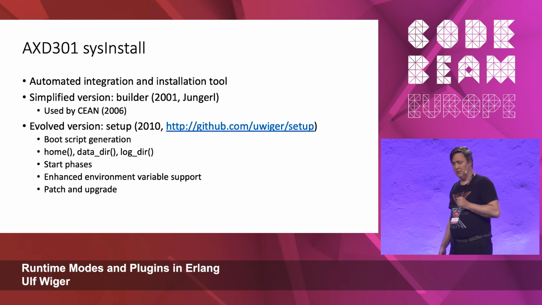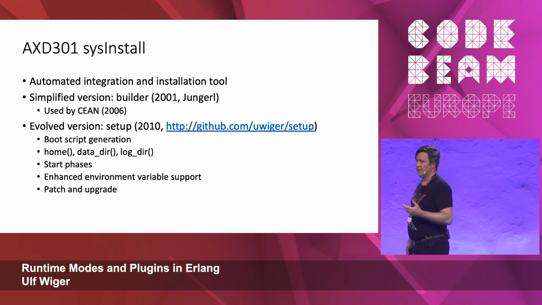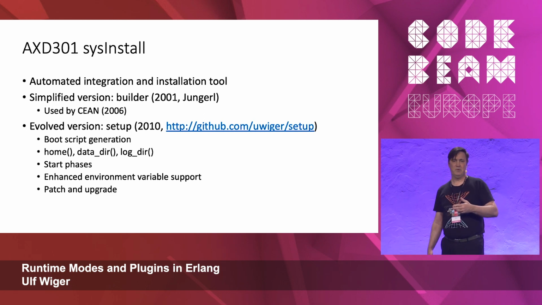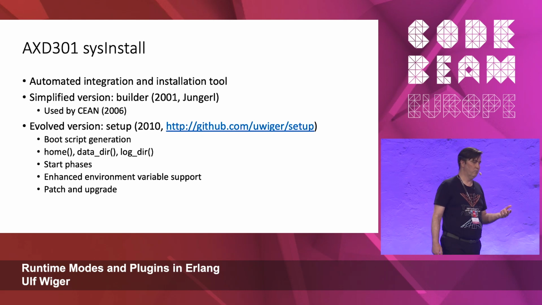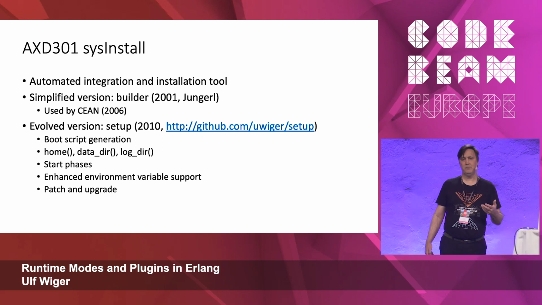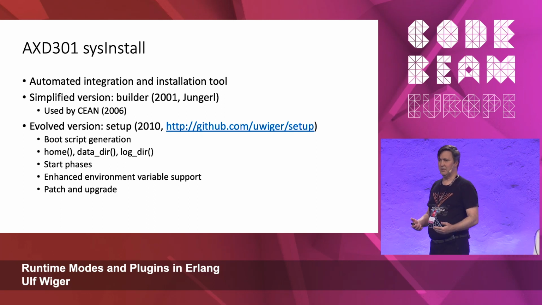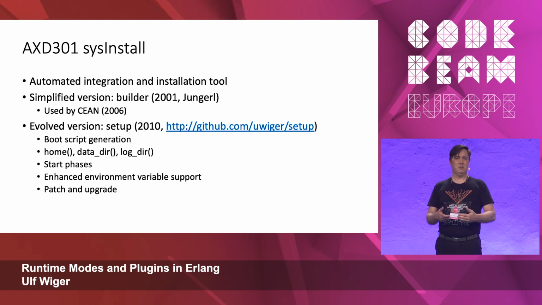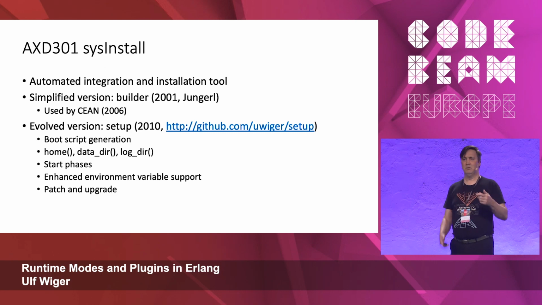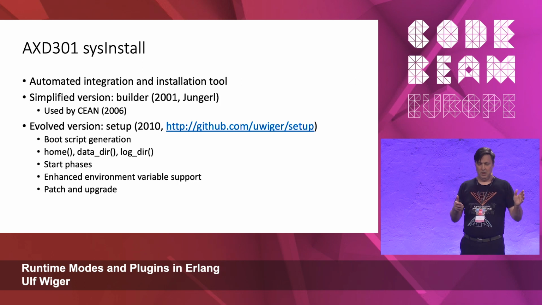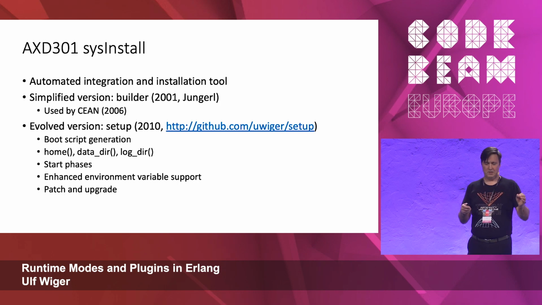Here we actually did make a simplified version called Builder that you can find in Jungle. And Jungle you can find in some GitHub mirrors. It was actually an SVN repository, SVN for Subversion, which probably predates or is older than many of you. That's what everyone was using before Git.